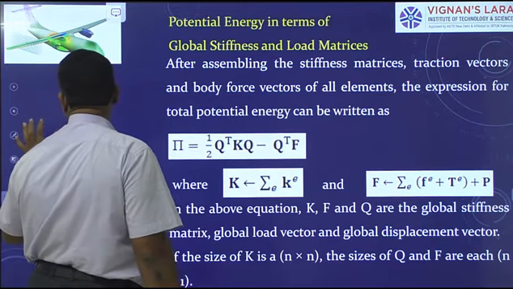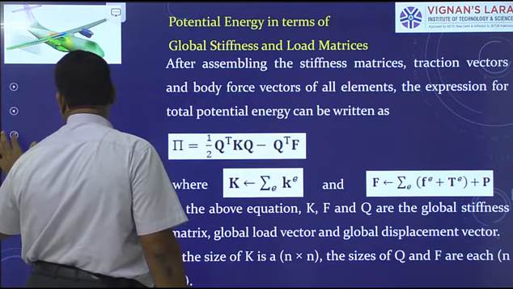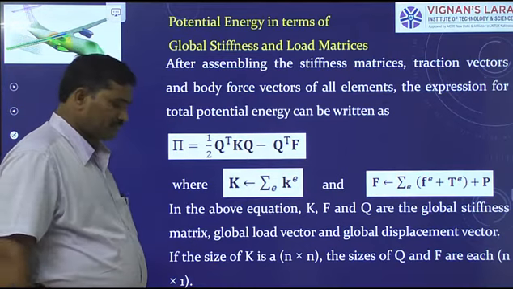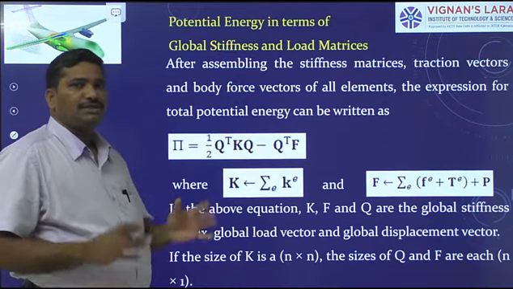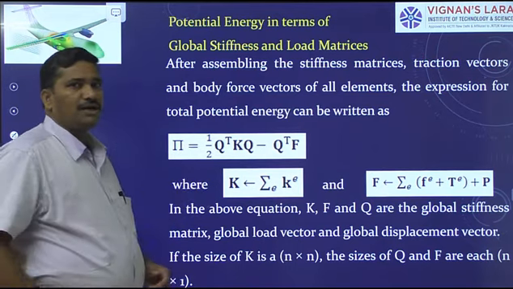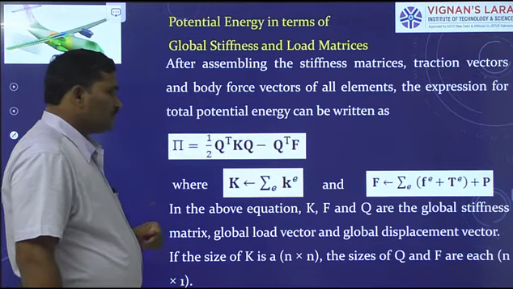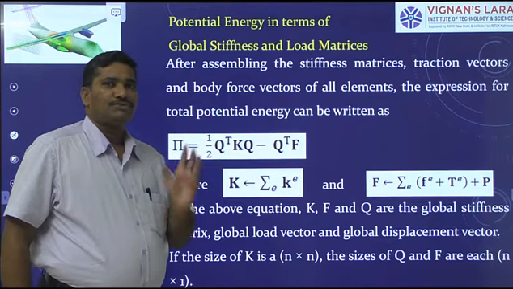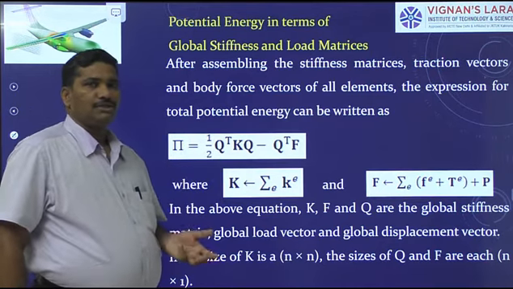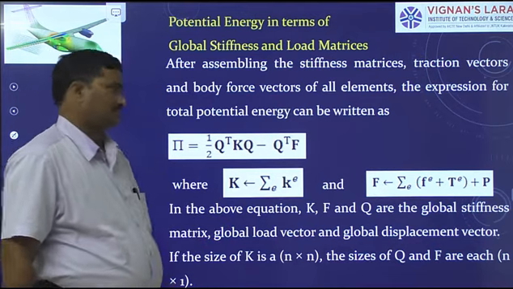We know that the global traction vector is the vector that results from the assemblage of element traction vectors. Global body force vector is the matrix that results from the assemblage of element body force matrices.